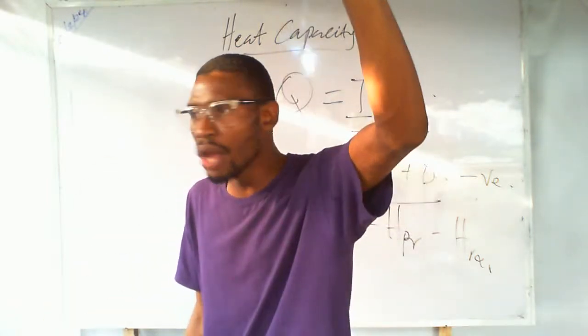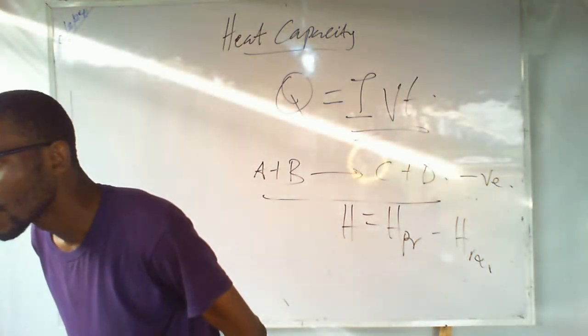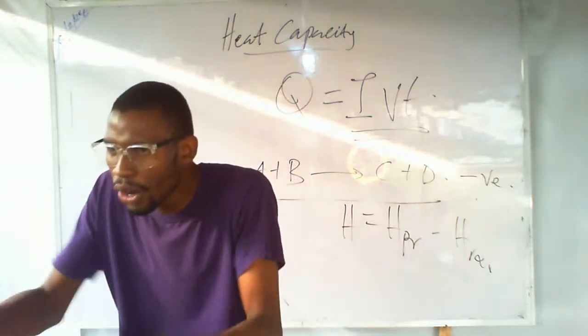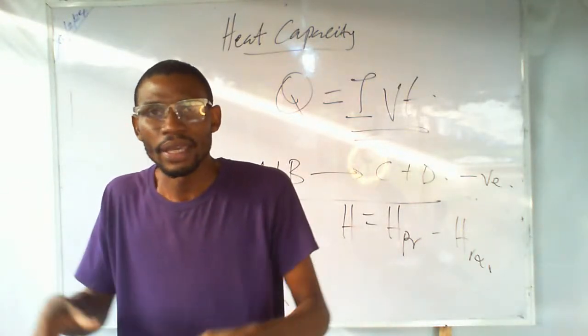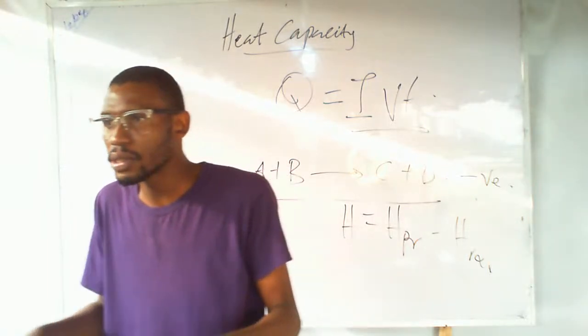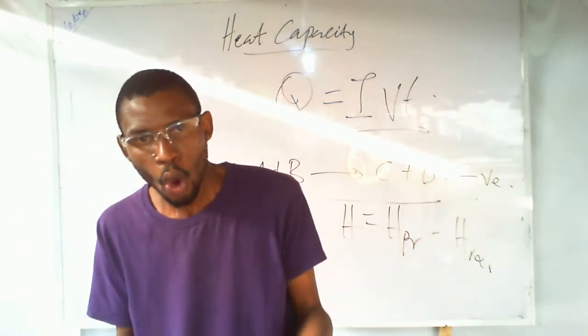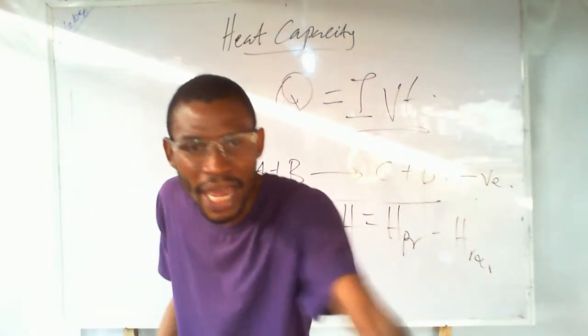So now, number one, heat is what? It's a form of energy. Which means the only thing it deals with is the change in the form or structure of a substance. Why is it that a railway can expand?